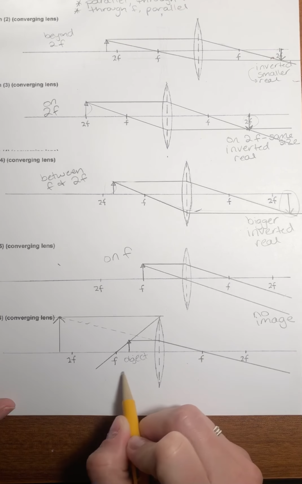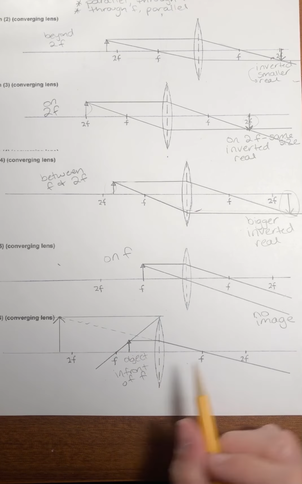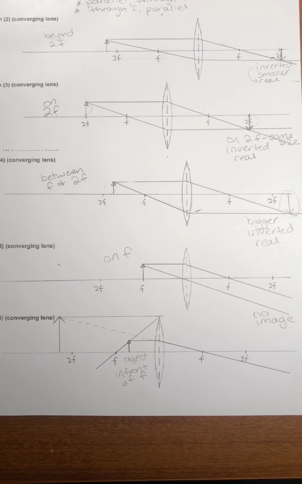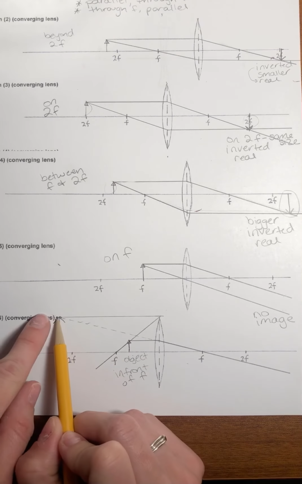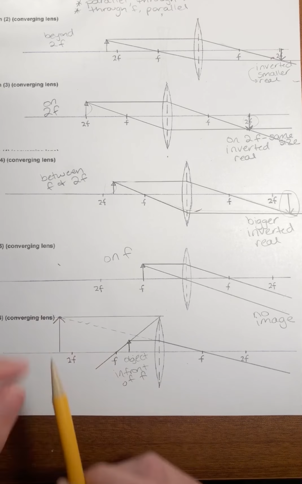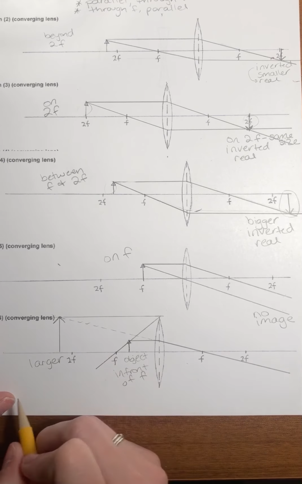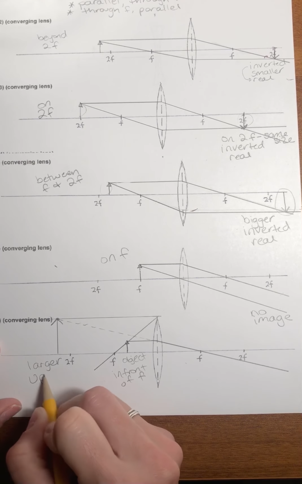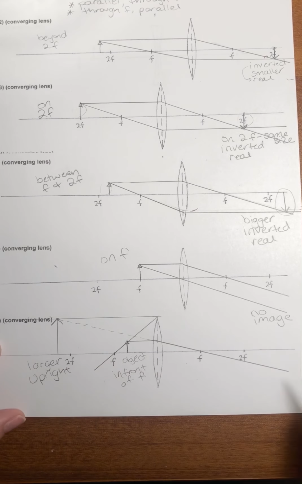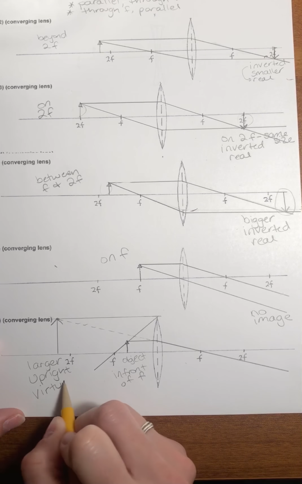It's in front of F, in front of F. And what happens is when the object gets so close to the lens, the light rays actually converge back here, which creates a larger upright image, and anything that's upright is actually called a virtual image.